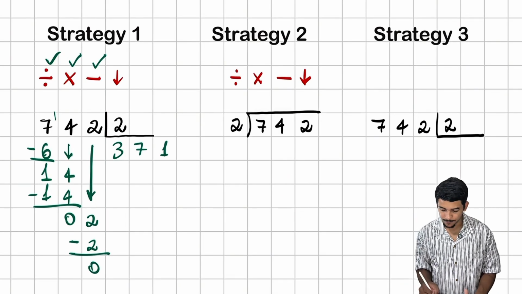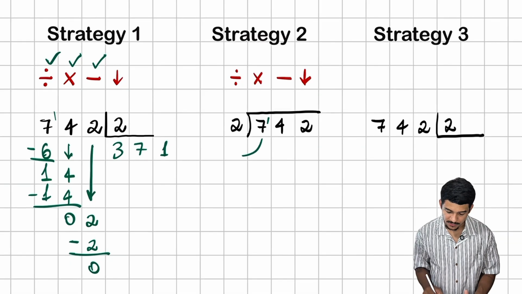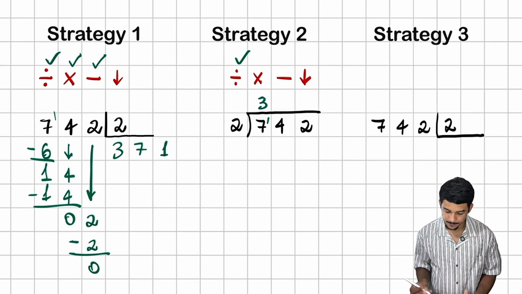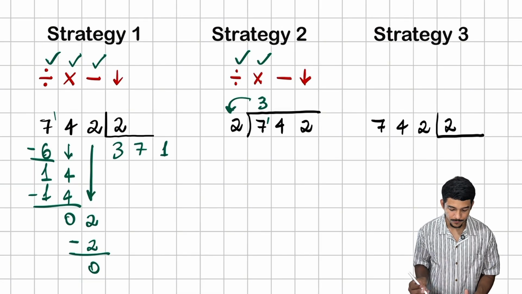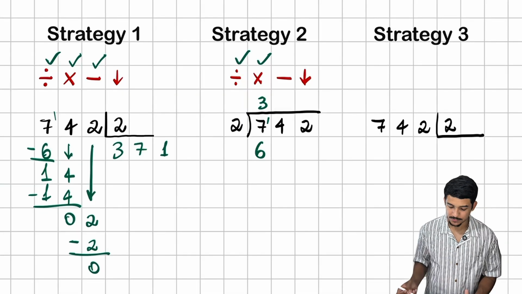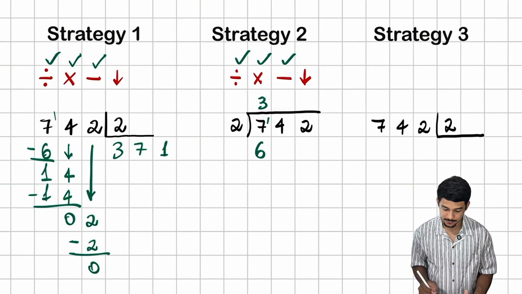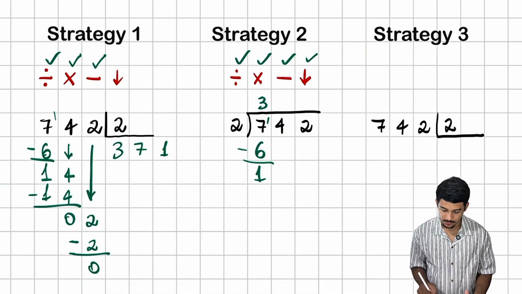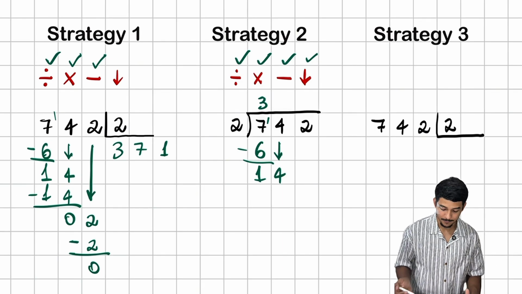So let's start. 7 divided by 2, it's 3. Let's multiply. 3 times 2 is 6. Let's subtract. 7 minus 6, it's 1. Let's bring the next digit down. 4. Now we have 14.